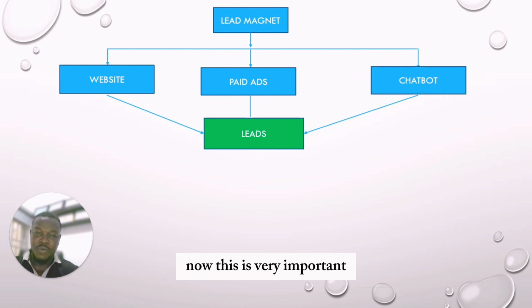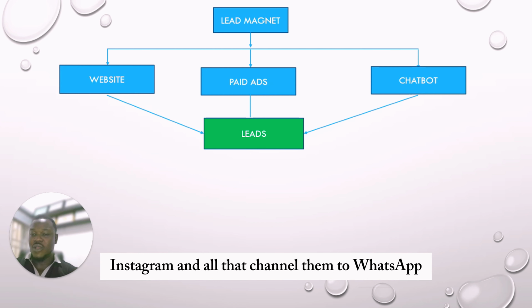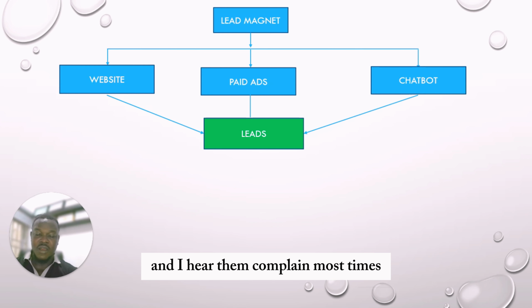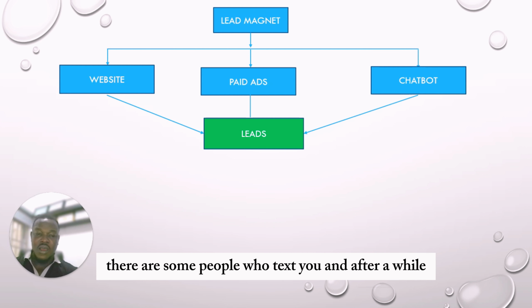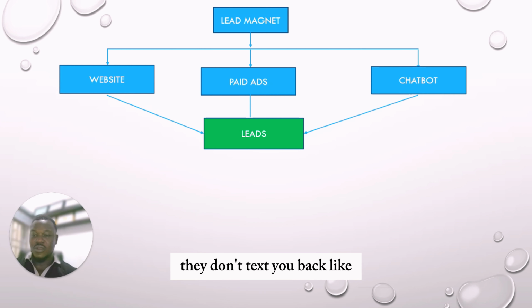Okay, now this is very important. I've seen a lot of advertisers who advertise on Facebook and of course Instagram and all that, and channel them to WhatsApp. And I hear them complain most times that some people will text you, and after a while, you cannot reach out to them. They don't text you back.